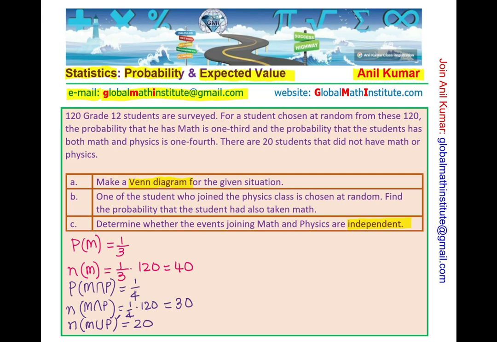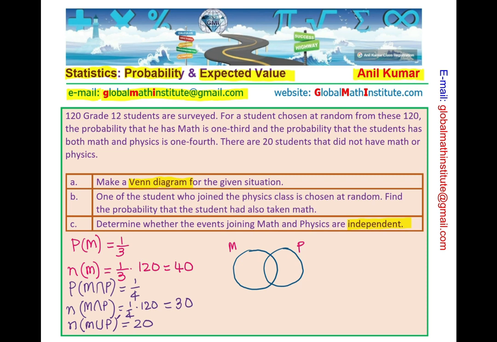Perfect. Now, based on this, it is very easy to make a Venn diagram. So, let's make a Venn diagram now. We'll have a circle for math, a circle for physics, and of course, they are overlapping. We'll write math and we'll write physics. We should begin from inside.